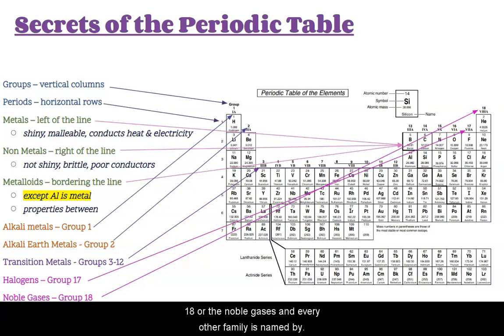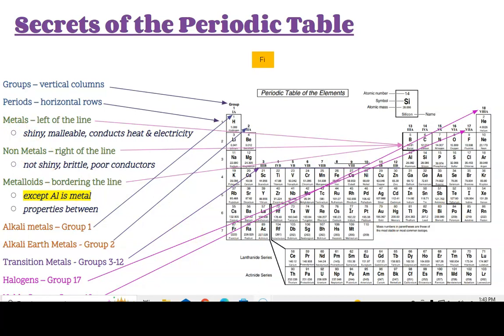The name for group 18 are the noble gases. And every other family is named by the first element in the column, so scandium, titanium, vanadium, chromium, manganese, iron, cobalt, nickel, copper, zinc, boron, carbon, nitrogen, and oxygen. And then you're adding the word family.